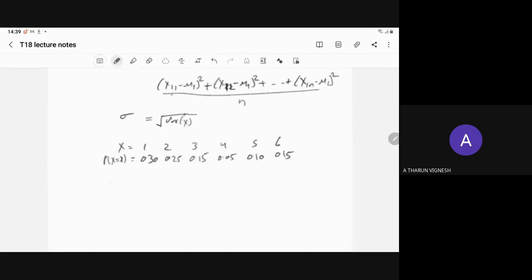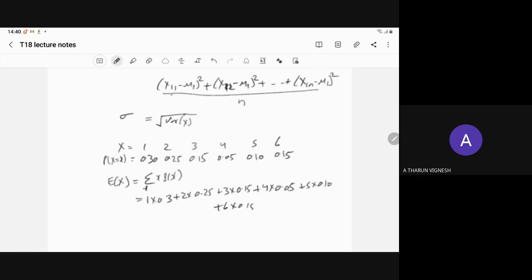So from here, first for the computation of the variance, we have to compute the E(X). E(X) is the summation over all x of x into f(x). That is 1 into 0.3 plus 2 into 0.25 plus 3 into 0.15 plus 4 into 0.05 plus 5 into 0.10 plus 6 into 0.15.